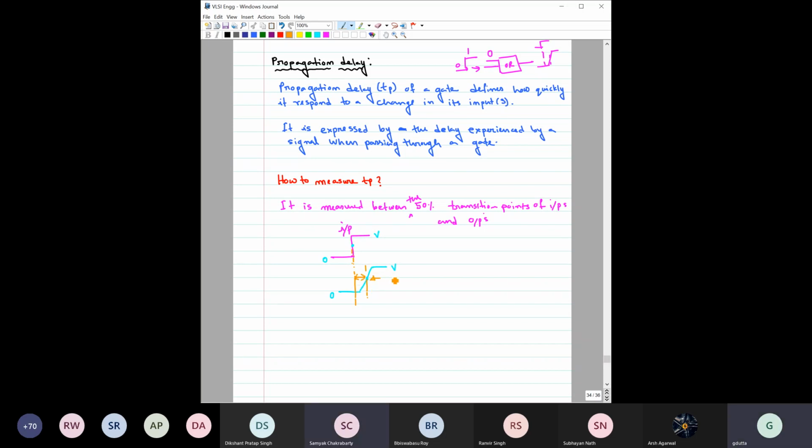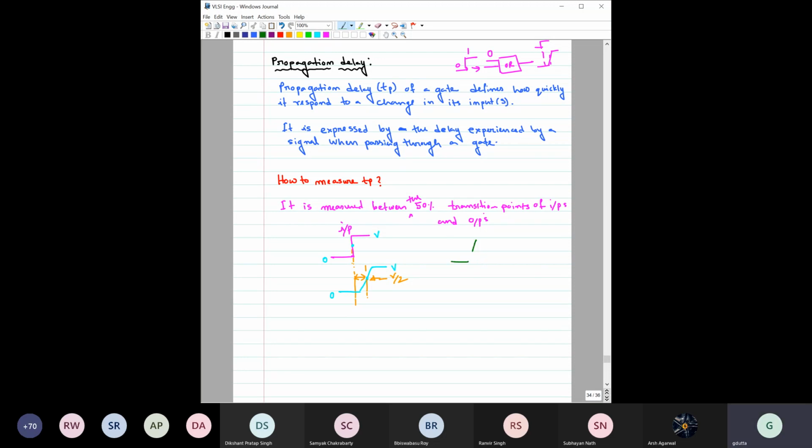Why are we assuming that the input is ideal? Very good question. Why are you considering the input to be a step input? Okay, let us not consider the step input.